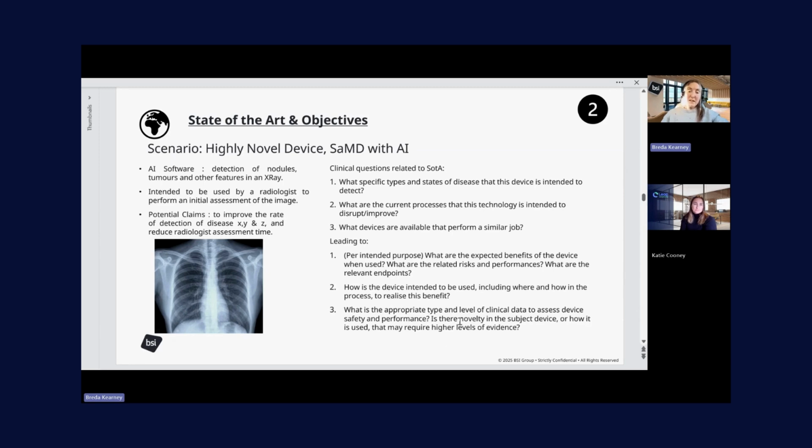It'll also help tell me how novel the device is. Is there something particularly novel about our device compared to what's currently out there? If there is, that's going to require higher levels of evidence. So hopefully that makes sense and helps put into context what exactly the state of the art is.